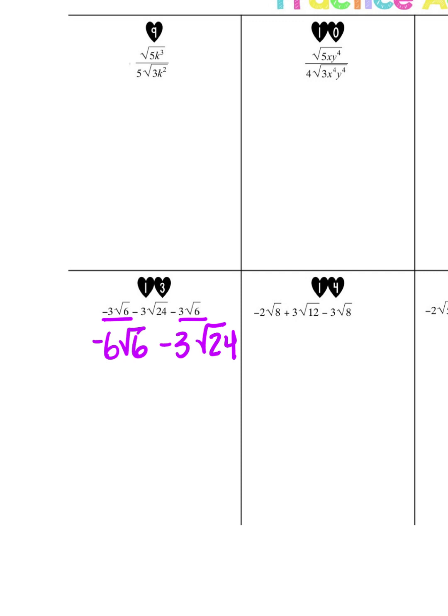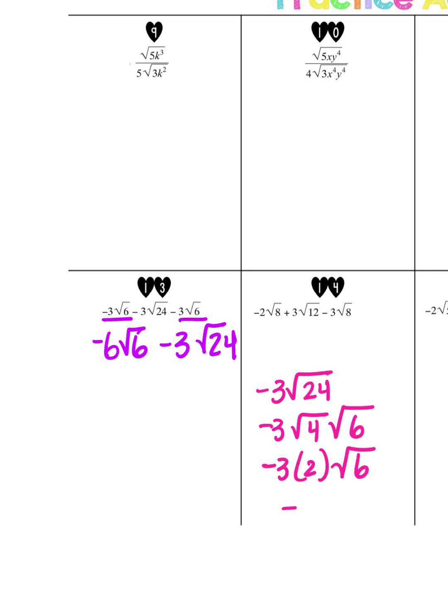So if I come over here to the side, actually I'll just do it right here. Negative 3 square root of 24 would be negative 3. And if I separate the 24 to be 4 times 6, this is negative 3 times 2 square root of 6. So that's negative 6 square root of 6. So negative 6 square root of 6 comes down, and this negative 3 square root of 24 also is negative 6 square root of 6.